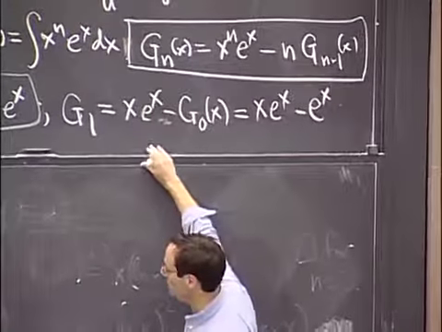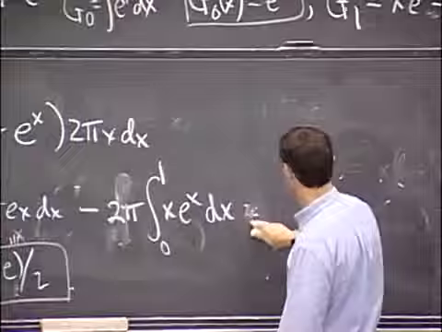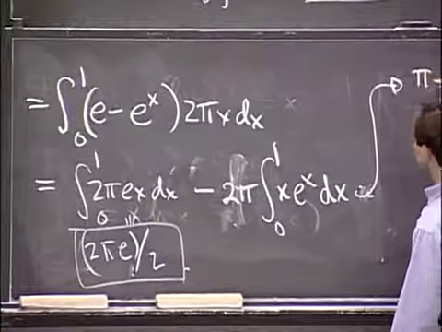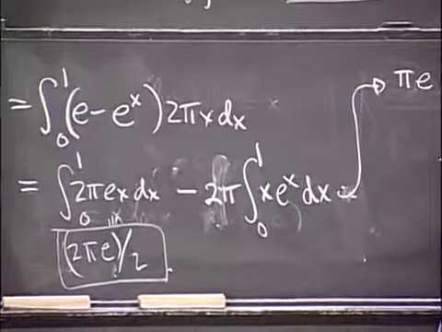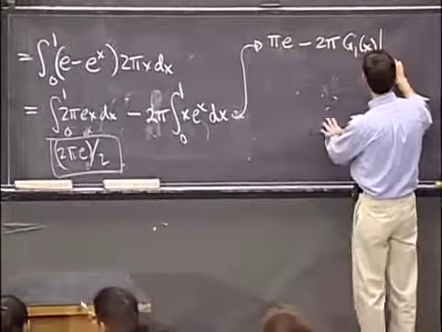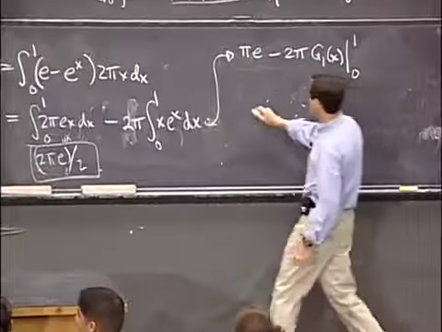This is G1, right? So this is equal to, let's check it out here. So this is pi e, right, minus 2 pi times G1 of x evaluated at 0 and 1. So let's make sure that it's the same as what we had before.